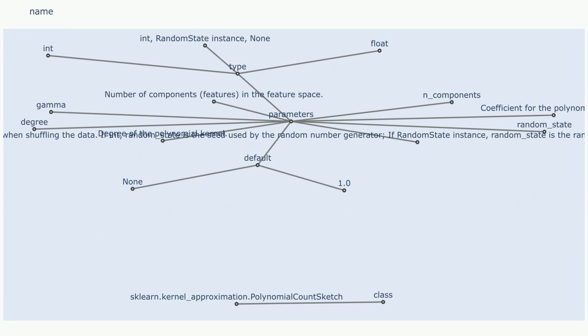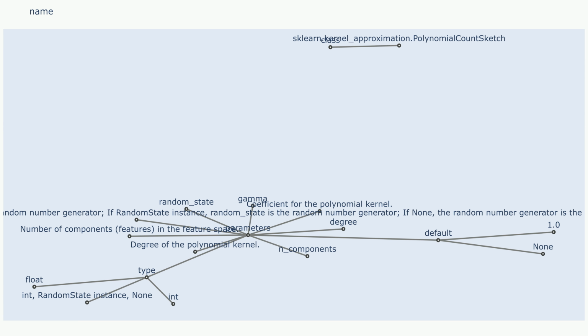Random state. This parameter sets the seed for the random number generator used in the hashing process. It allows you to reproduce the results of the approximation. Include bias. This parameter determines whether a constant bias term should be included in the approximated features. This can sometimes improve the model's performance.